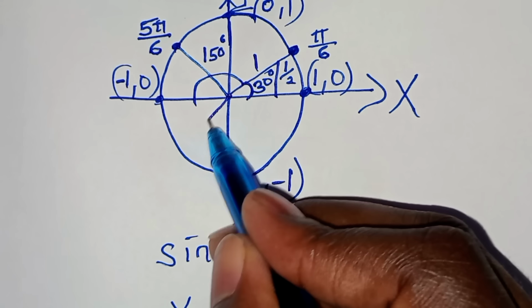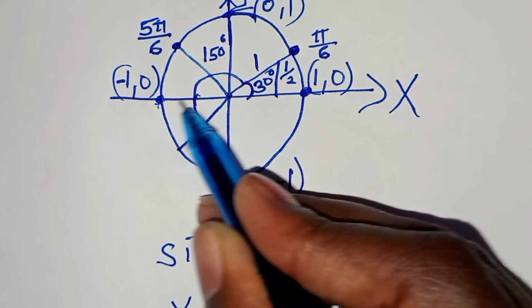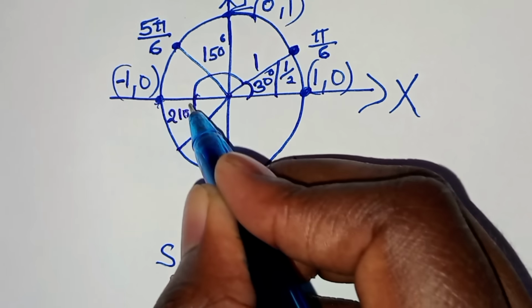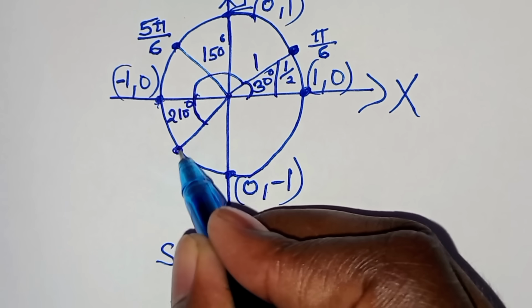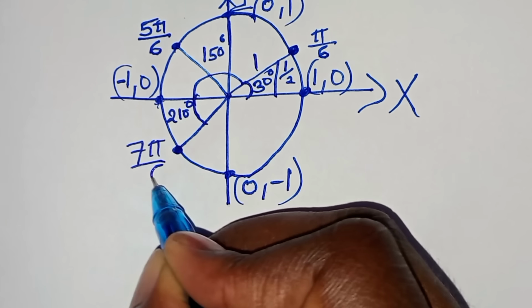So these are the angles below the x plane. So here we have an angle that is 180 degrees plus 30 degrees. So this is 210 degrees. In terms of radians, this is the same thing as 7 pi over 6.